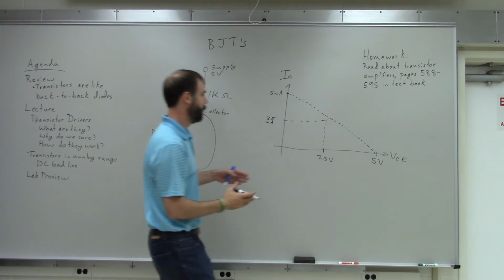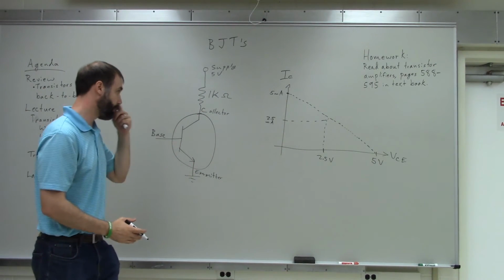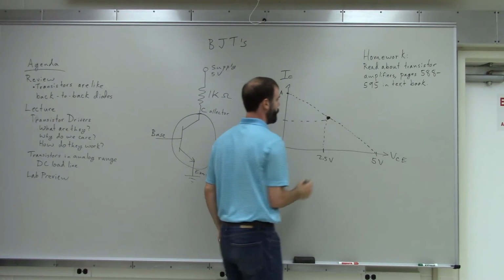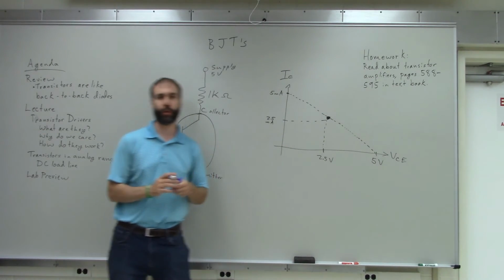I apologize, my graph is a little bit wonky, but this middle point happens at half of the maximum voltage and half of the maximum current.